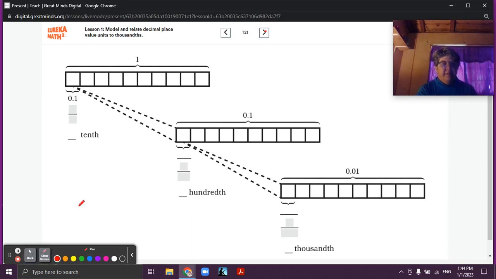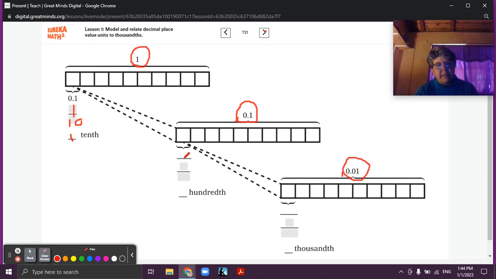Okay, I see here we have this one represents 1, this one represents 1/10, and this one represents 1/100th. You see that? You see the difference in the zeros? So our 1/10 here is expanded out and broken into 10 parts. And then our 1/10 is broken out and broken into 10 parts. So 1/10 would be 1/10, right? As a fraction, 1/10 and 1/10.